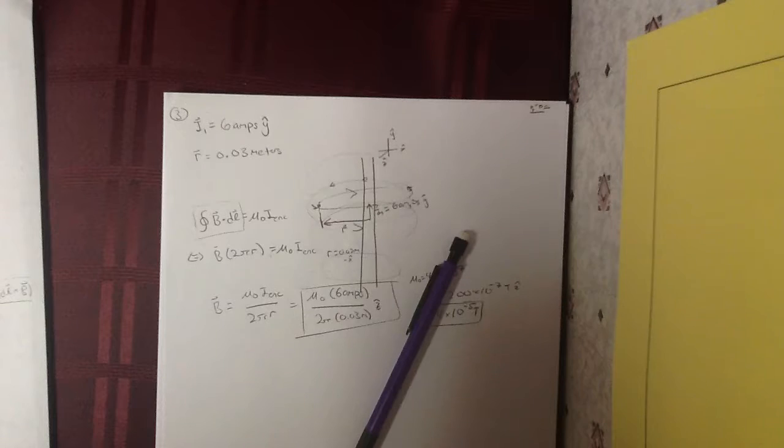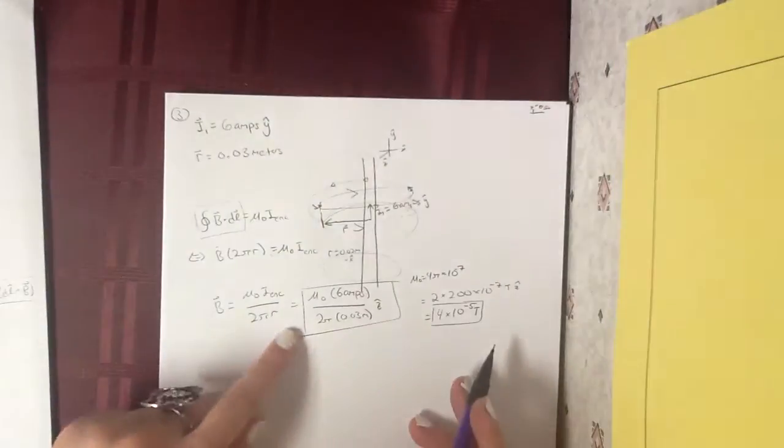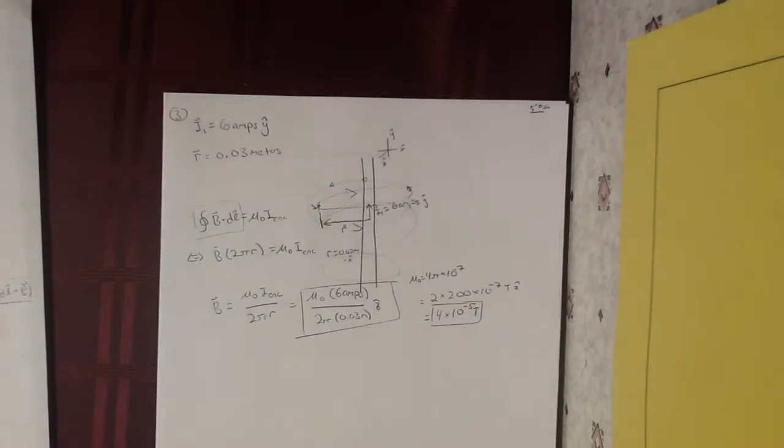I think that's right. Yes, that is right. Okay, excellent. That is right. Tesla times meters per amps, so we're going to end up with Tesla. Yes, okay, excellent. Good. Now we got this.